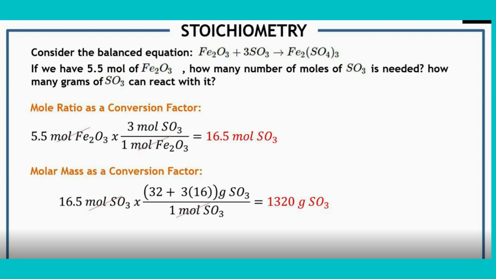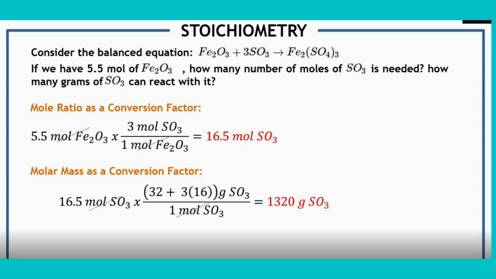For the second question, this one, mole SO sub 3, just convert this one to grams. So where can we find these numbers here? So just locate these numbers in the periodic table. The atomic mass of sulfur is 32 grams per mole.